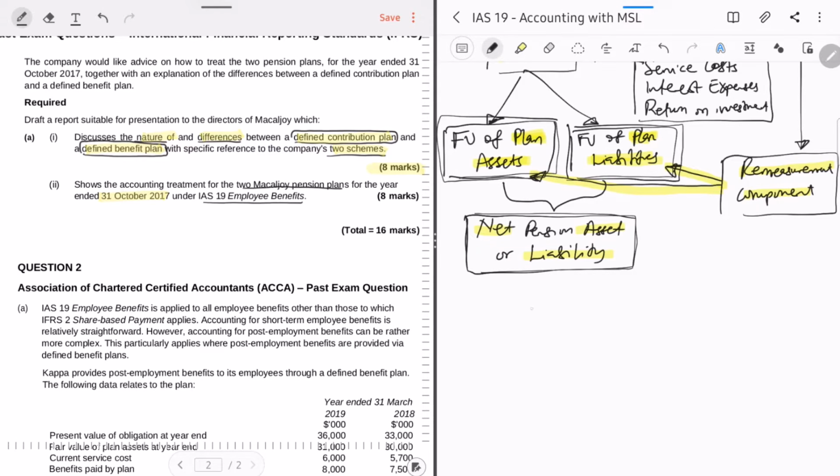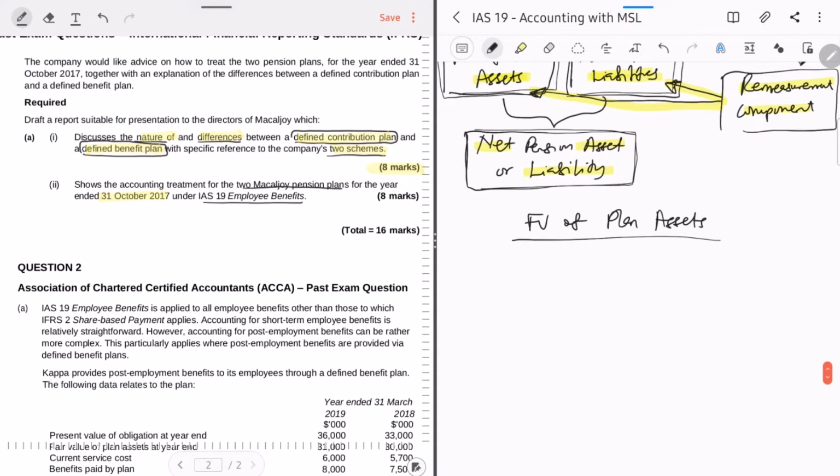So your fair value of plan assets, this is a standard working. I encourage you to memorize it. You just take your opening fair value of plan assets, right? Then you add any return on investment. This would typically be a rate of return applied to the opening value.